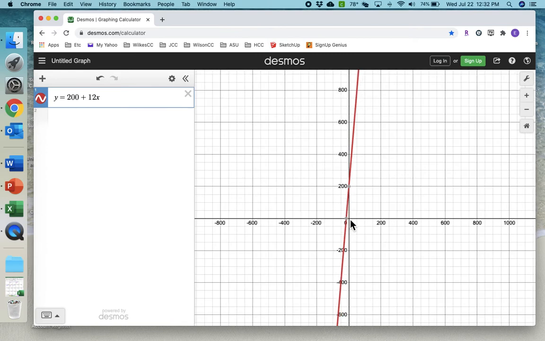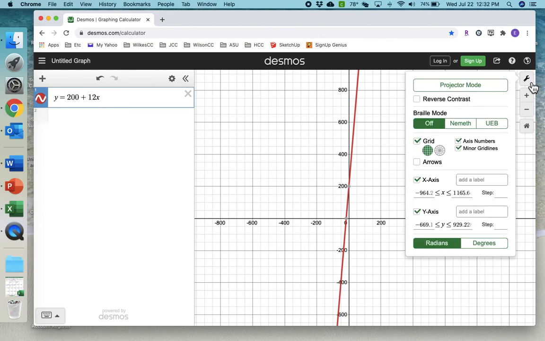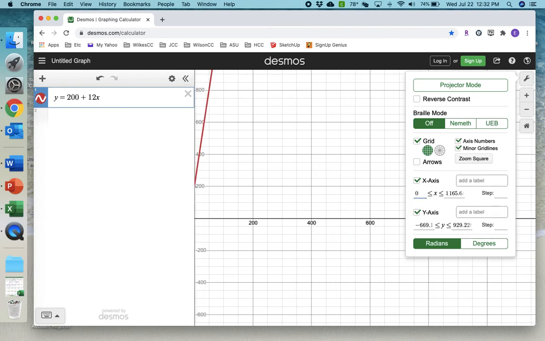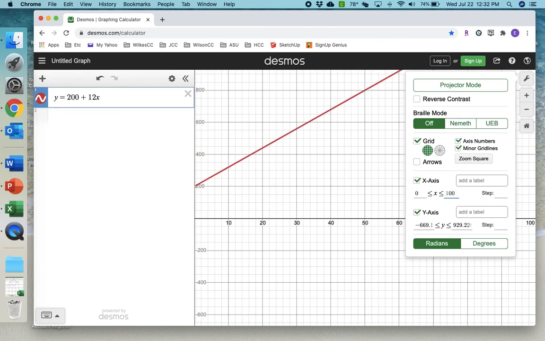If we change the screen a bit, we said the domain would be all non-negative numbers of shirts. So if we go to graph settings, we can change the x-axis from 0 because we're not looking at negatives. And I mean, we can put in anything here. I'll say 1,000.